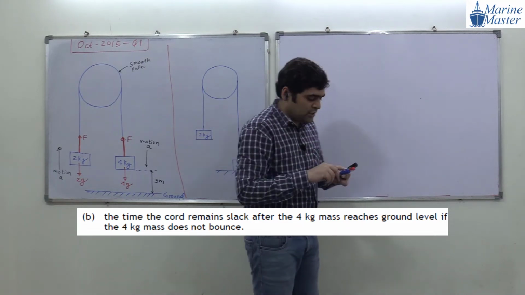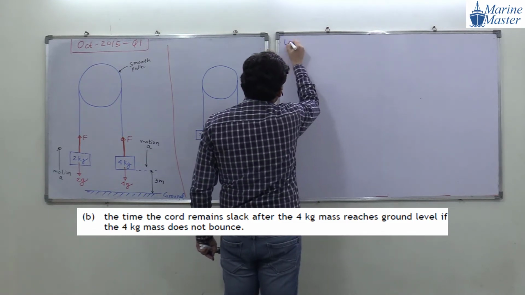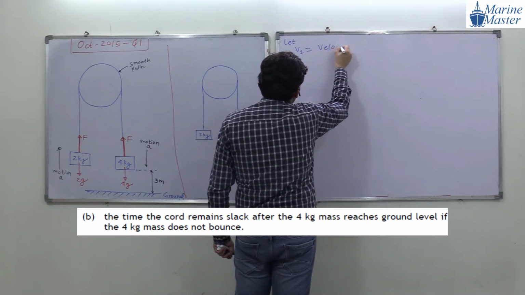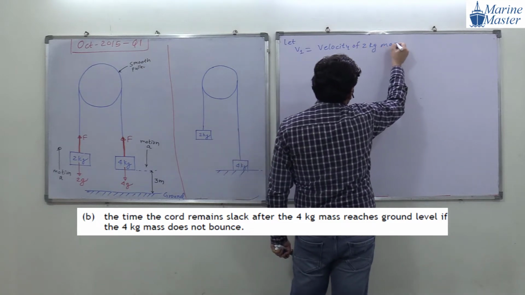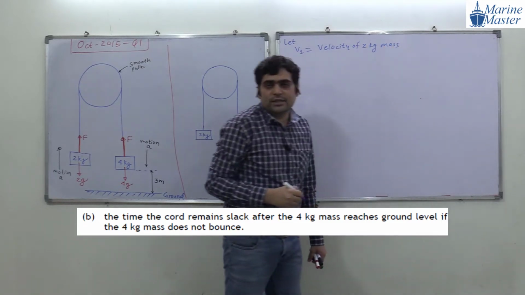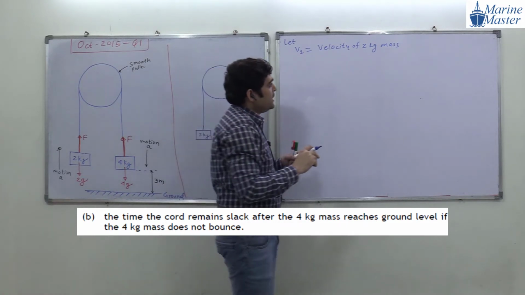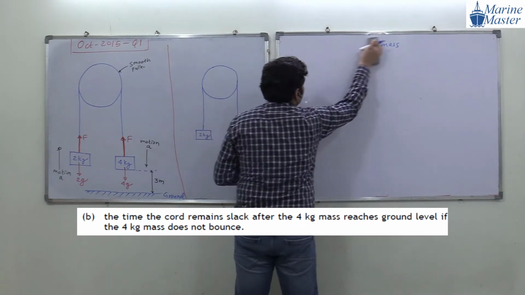Now guys, try to see the point here. Let V1 be the velocity of the 2 kg mass. Save some space here.